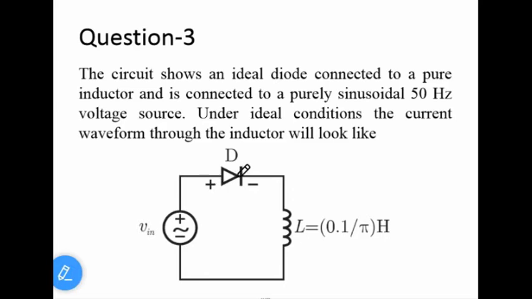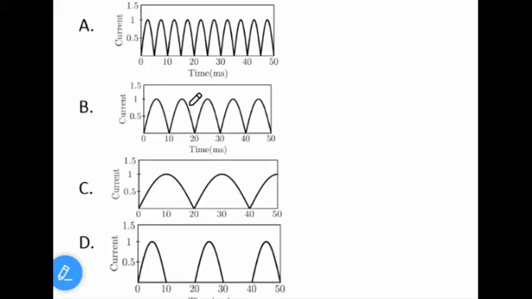Here I have a voltage source, a diode and an inductor, which is similar to the previous figure. Now here it is asking about the waveforms. Which current waveform is representing the actual current waveform? In the first waveform, for 20 milliseconds there are 4 positive pulses.